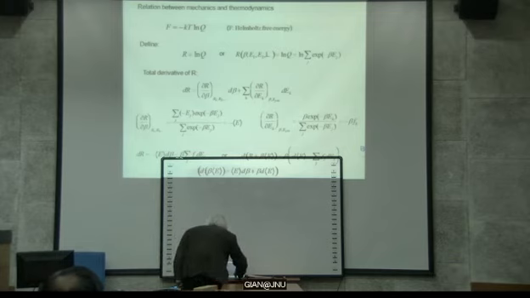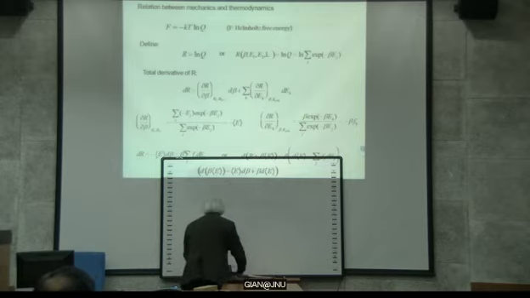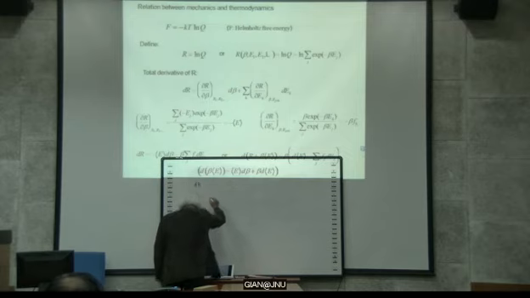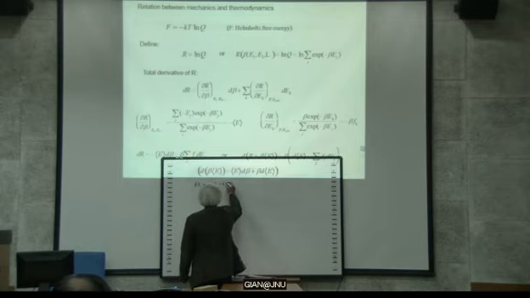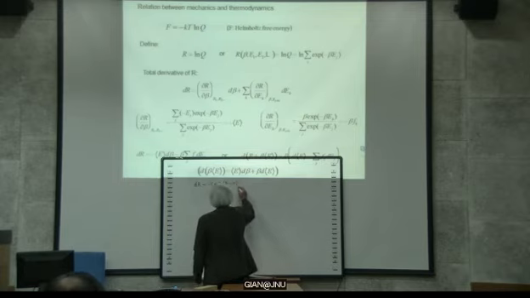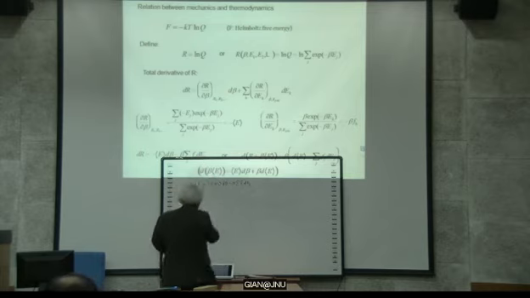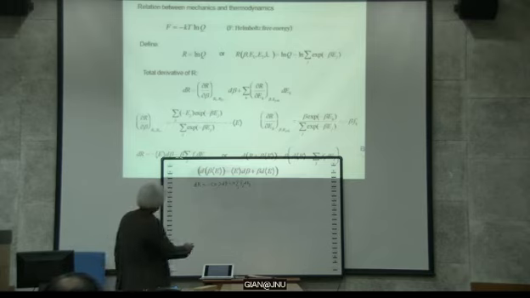So what is written here is dr equals minus E d beta minus beta sum over j fj Ej, because the expression of dr is here.